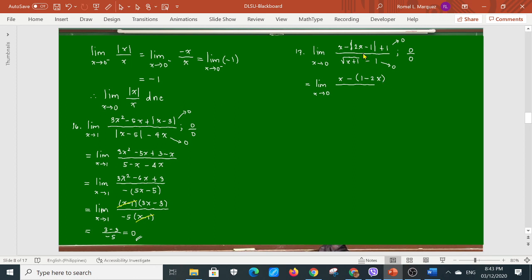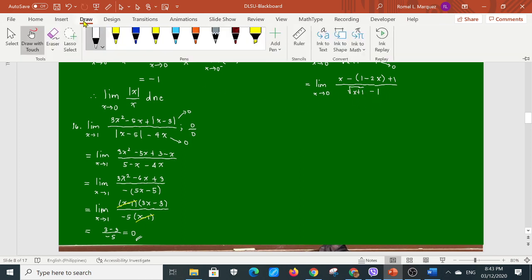Because it is negative, when the inside is negative, negate. When the inside is positive, as is, you just copy the inside. Plus 1 all over the square root of x plus 1 minus 1. Okay? Because there is a radical, you need to rationalize that, so that it cancels.